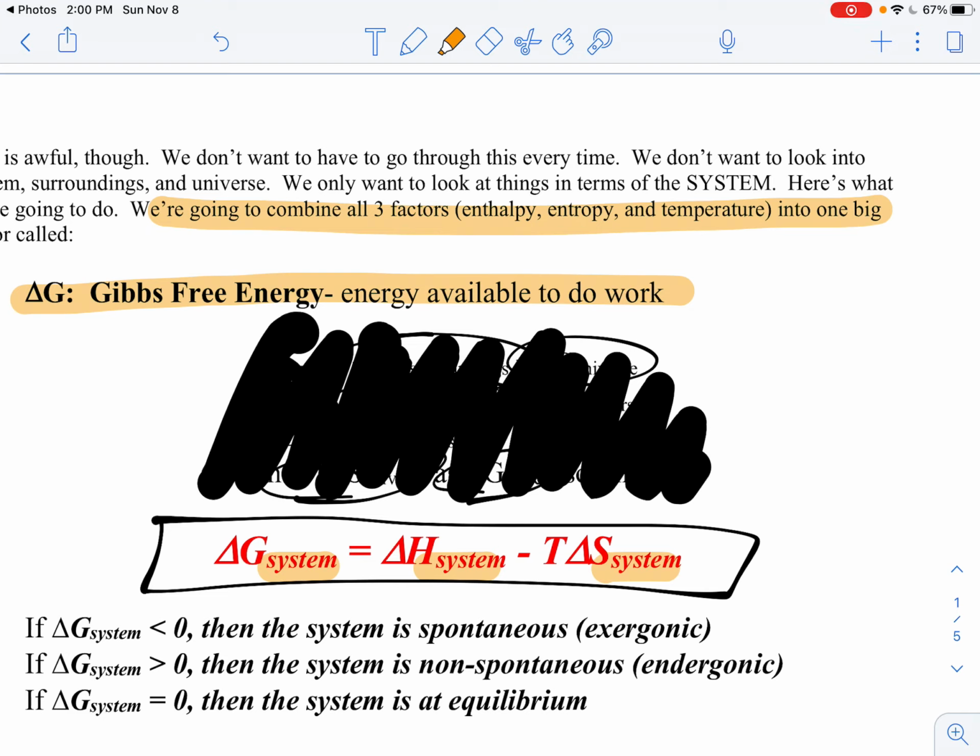But there's an easier way to do it. Check it out. What have I got here? I am making 1 mole of a substance from its elements in their standard states.